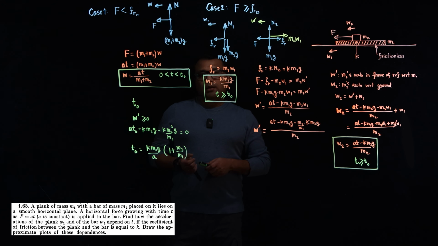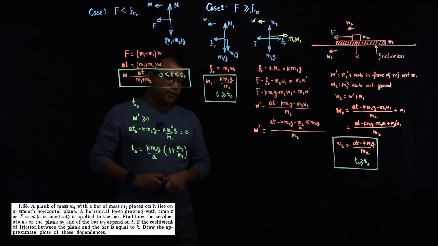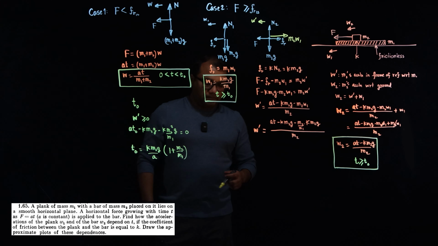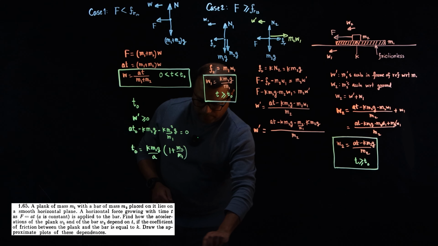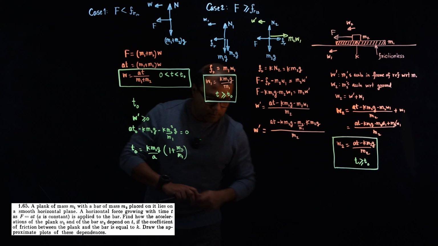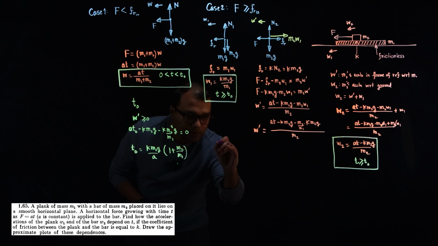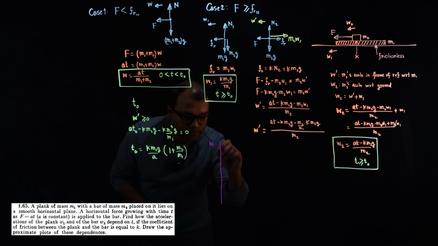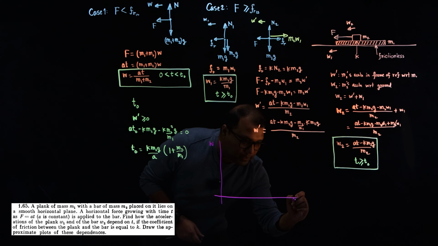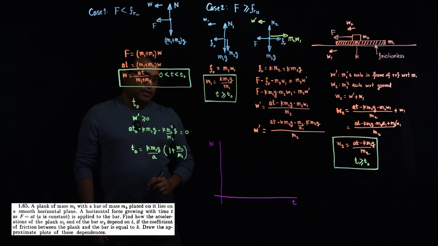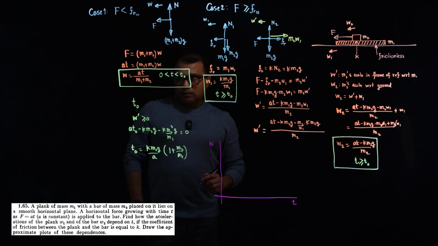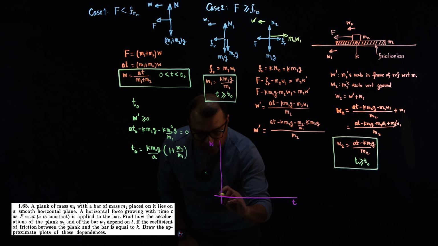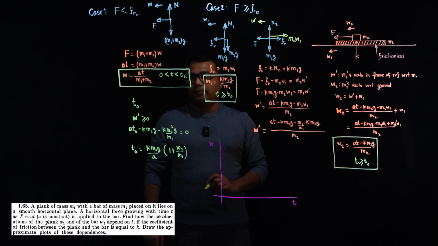Now the question also asks to plot the graph of acceleration against time. So let's do that. Let's say this is my acceleration axis and this is my time axis. At time equals 0, W is 0, so the graph will start from here.